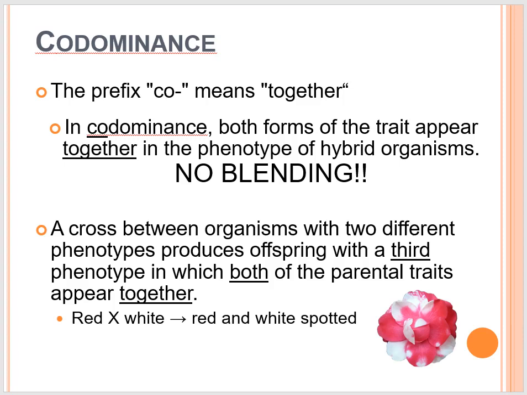If that dog's hair color was from normal Mendelian genetics, you would either see a black dog, a white dog, or what? You wouldn't see black and white spotted. You might, with another one, see gray, but you wouldn't see both of those traits together. You see one or the other. But since it's codominant, you see both. We also have this in cattle as well. See this on a regular basis.